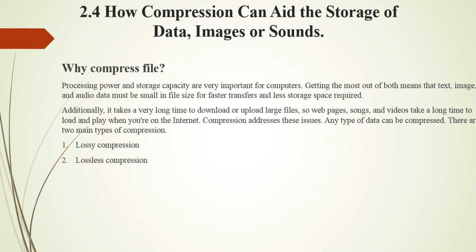Lossless compression doesn't reduce the file quality at all. Lossless compression ensures that files can be restored exactly as they were originally created, as no data is lost. Example: financial data. There are different algorithms for this, usually looking for repeating patterns in the data. Zip files are an example of lossless compression.